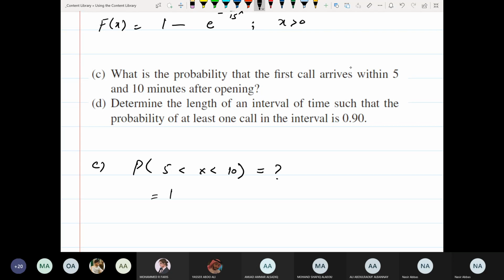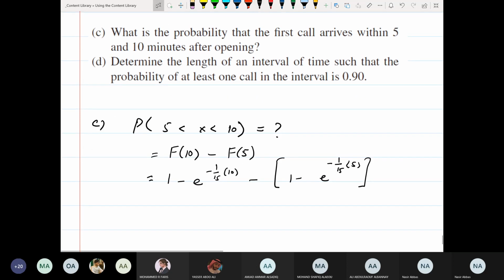Simply capital F of 10 minus capital F of 5. You have capital F. So that is 1 minus e to the power minus 1 over 15 times 10, minus 1 minus e to the power minus 1 over 15 times 5. Which is going to be what?